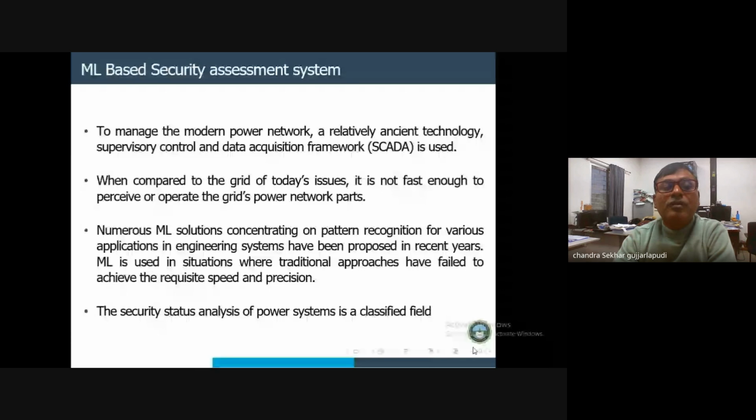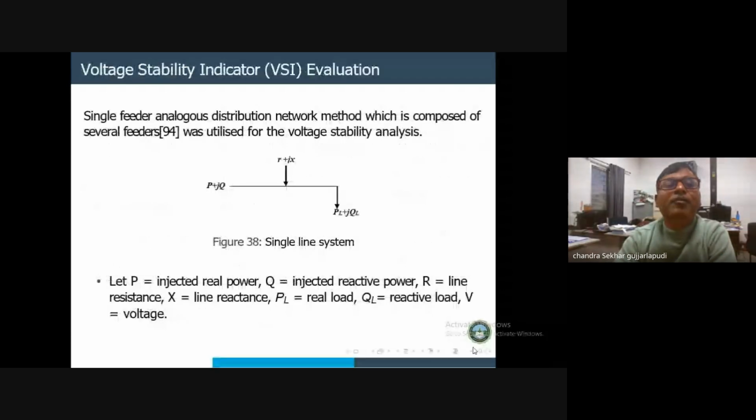So I'm just skipping some of the slides. This is about a single feeder line system, where if we have multiple lines, they can be represented by a single line, where you can replace the total load as well as the total equivalent load, total equivalent input power, active power, reactive power, and equivalent impedance also.